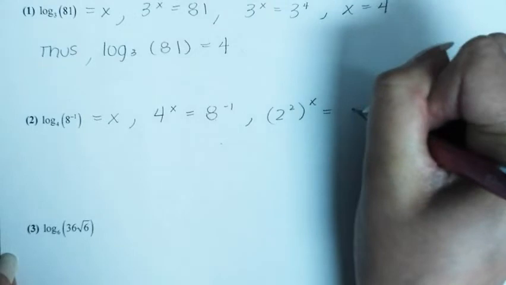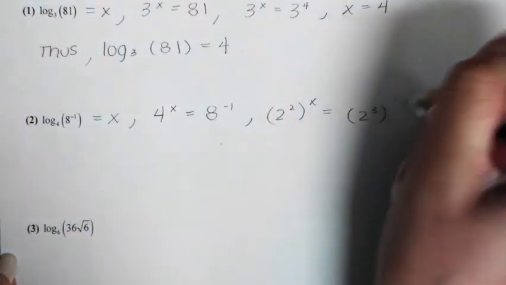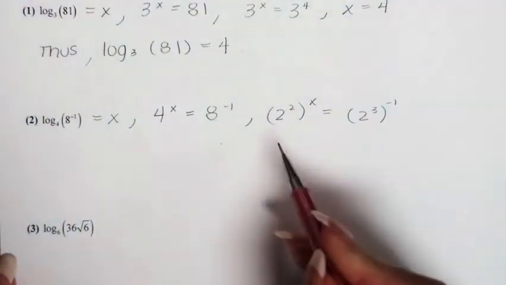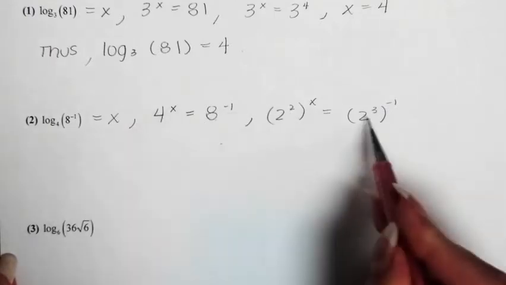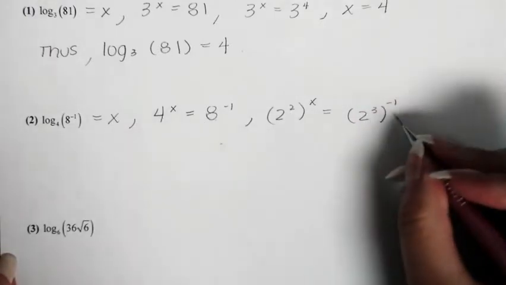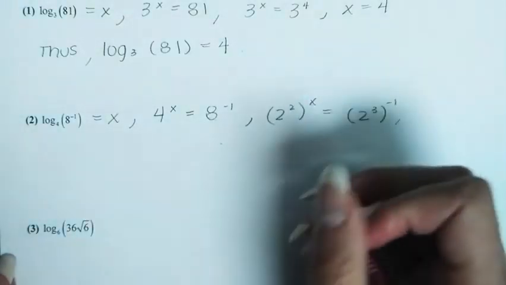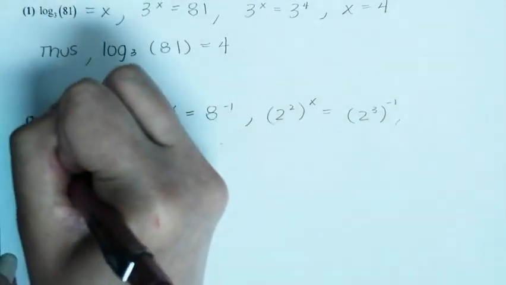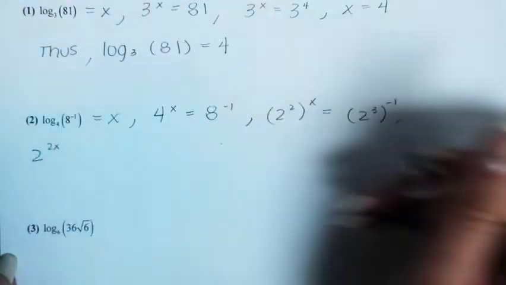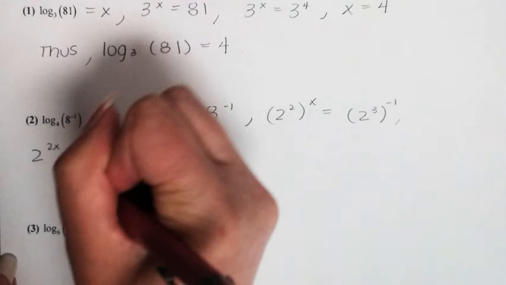And then you know that 2 to the power of 3 is 8. As you can see, this is 4 and this is 3. So what are we going to do here? You use exponent properties, and you know that 2 to the power of 2x is going to be equal to 2 to the power of negative 3.